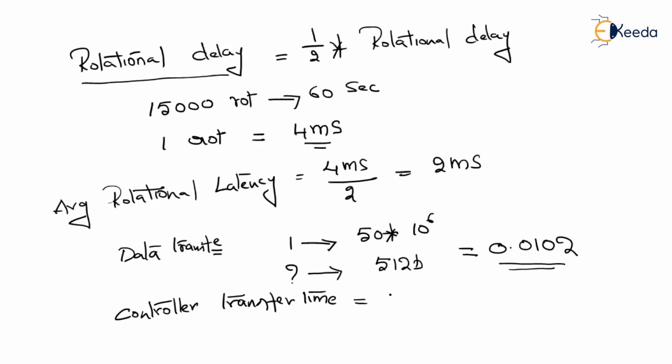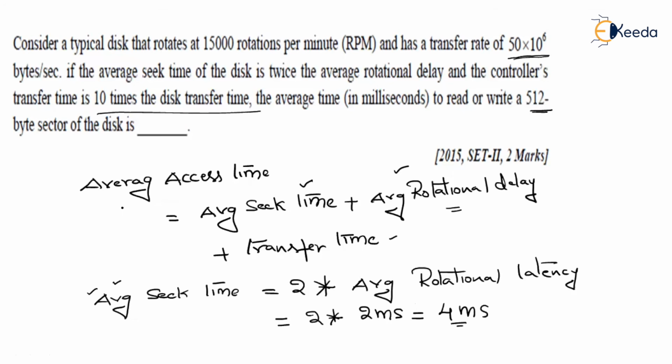That is equal to 10 into 0.0102, which is equal to 0.102. So this is the effective transfer time for the system, because it is clearly given that the effective transfer time is 10 times the disk transfer time.